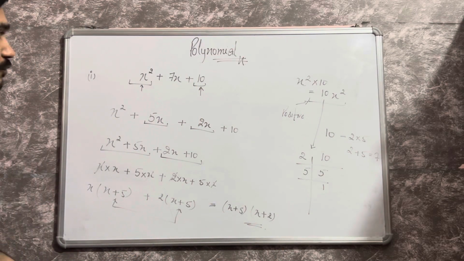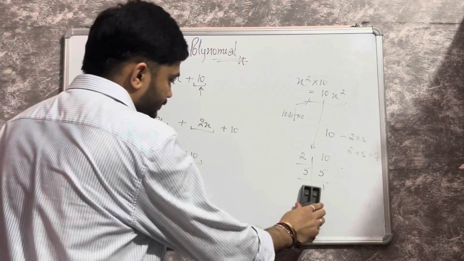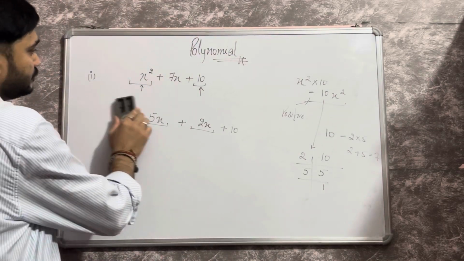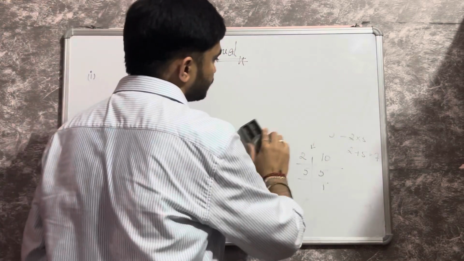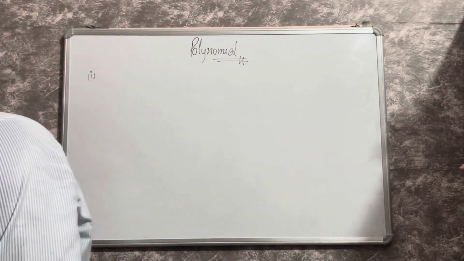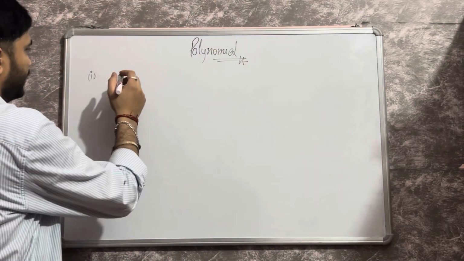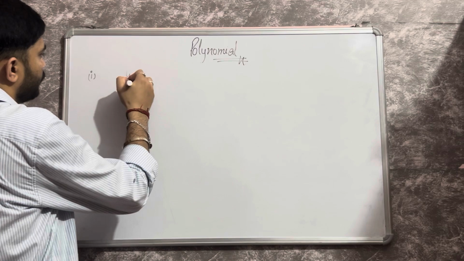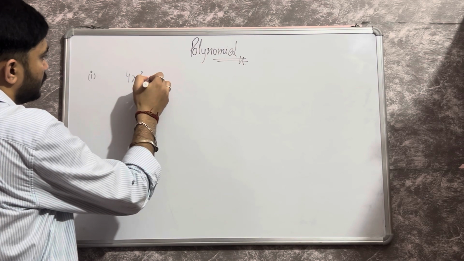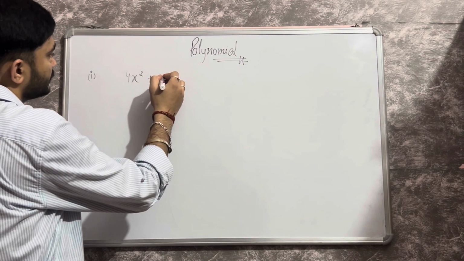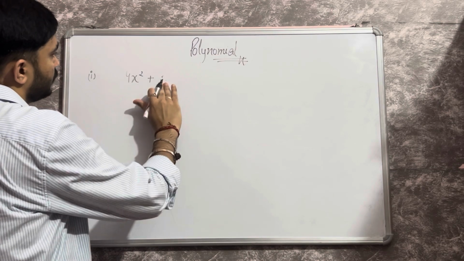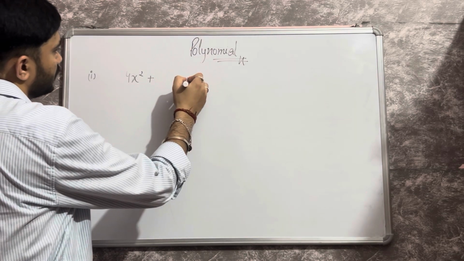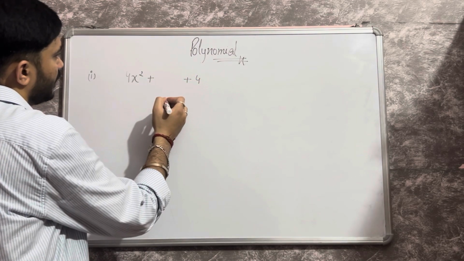Now let us solve one more example of it. What if someone has given us 4x square plus 8x plus 4?